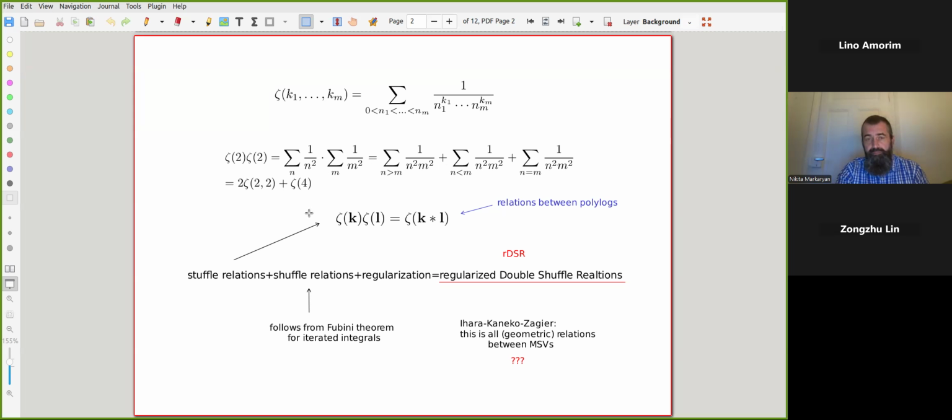More generally, one can define the product of two sequences, K and L in bold, meaning sequences of numbers. So we can define for any multiple zeta values the product on the right-hand side.